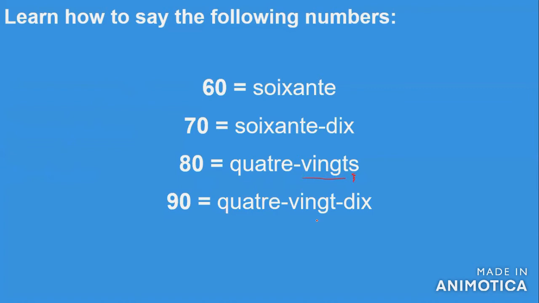Now, in 90, you don't have to use that S. Why? Because that 20 is in between two numbers, or it's not at the end of your amount. That's why you don't have to use S on it. And the same thing will happen with the number 100, right?